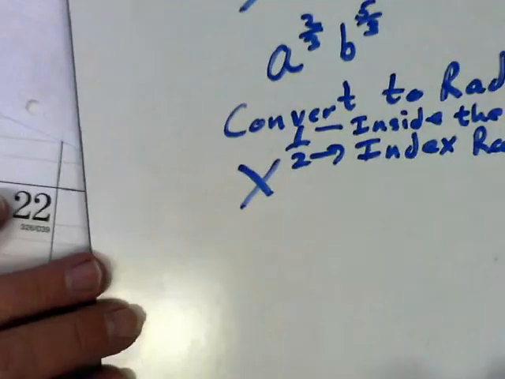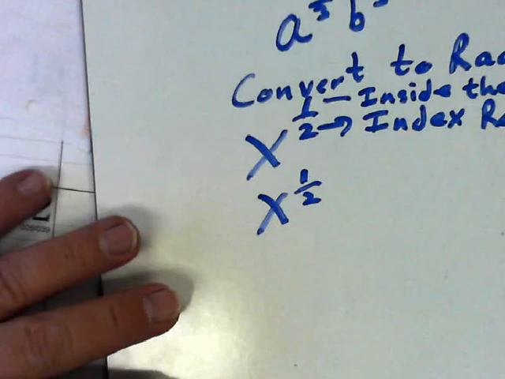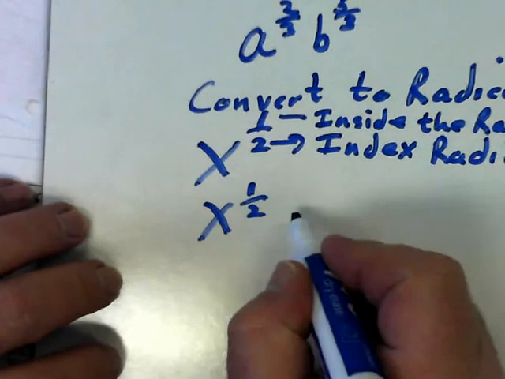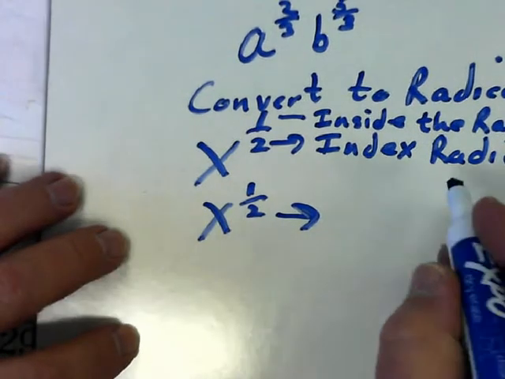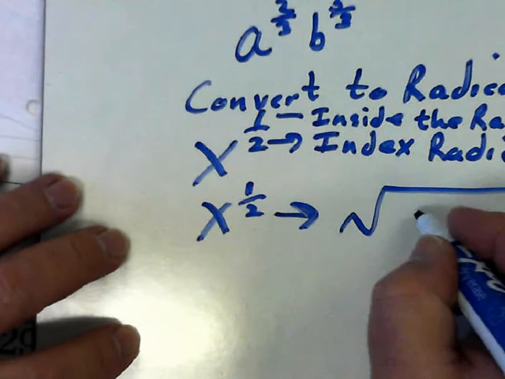Meaning, if I have x to the 1/2, to convert this to a radical, I have my radical sign, I have an x.